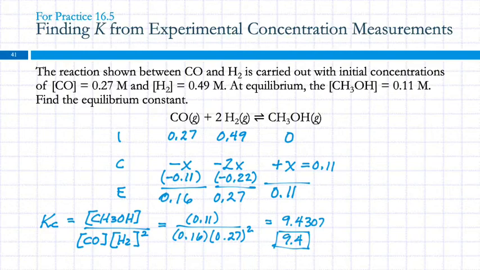This is a much more practical way to find an equilibrium constant rather than just measuring all of the equilibrium concentrations, because that's hard. Any questions? What's hard? To measure equilibrium concentrations of all of the reactants and products without disturbing the equilibrium. How do they do it?